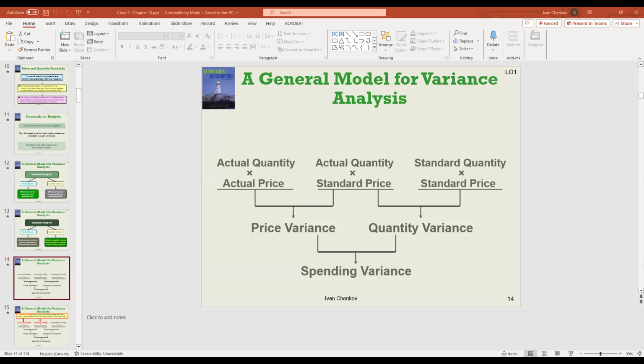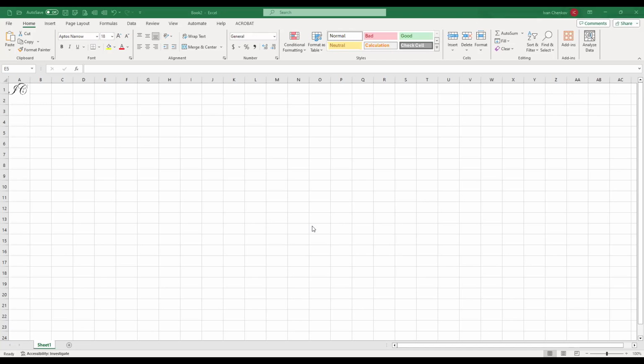Okay, I'm almost done. Make it a little bit bigger, and I can share my screen now. Can you guys see my Excel spreadsheet?